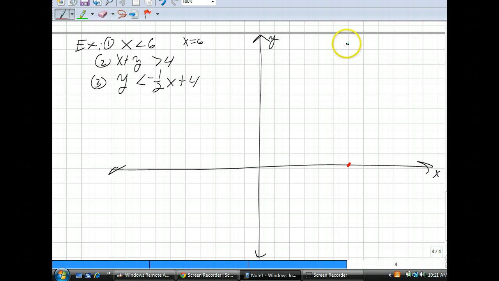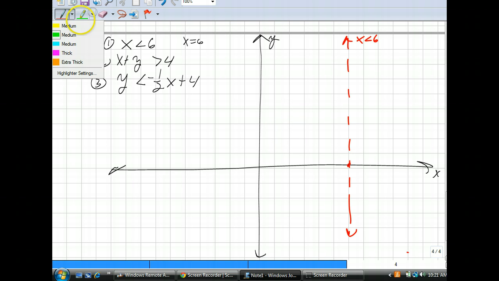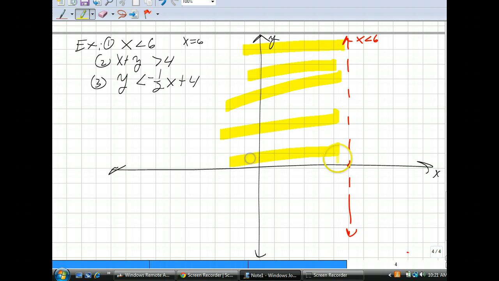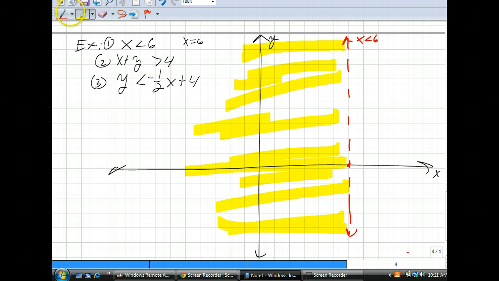Then it's supposed to be, it's less than 6, so there's no equal, so it's going to be a broken line. That's that line. So where are the x's less than 6? To the right or to the left? It's to the left. All these x values right here are less than 6. Okay, so there's inequality 1.